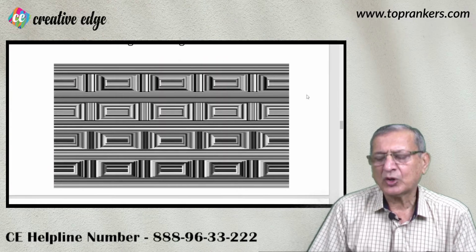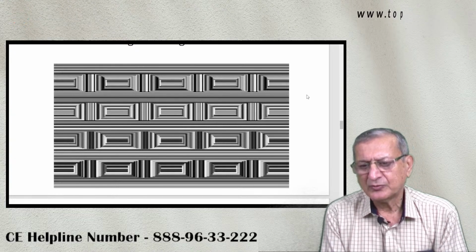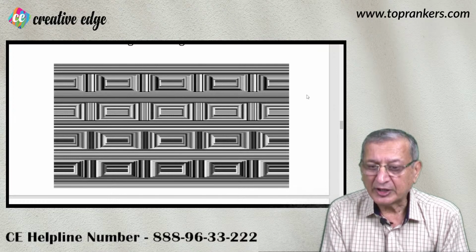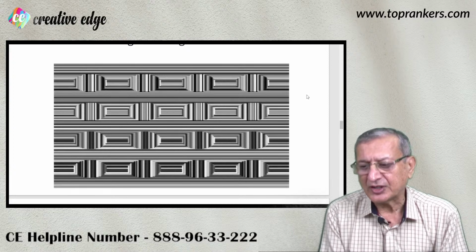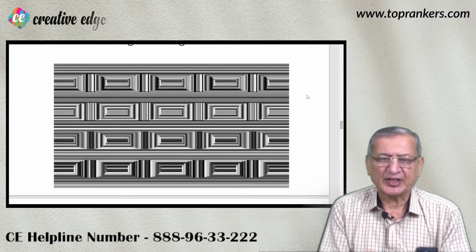Here is one more kind which I find very, very difficult for an ordinary non-practiced student, or for a student who hasn't practiced such riddles. Observe the given image for 30 seconds.